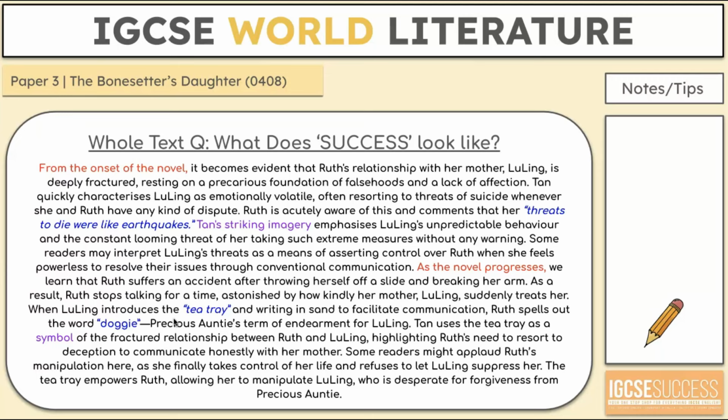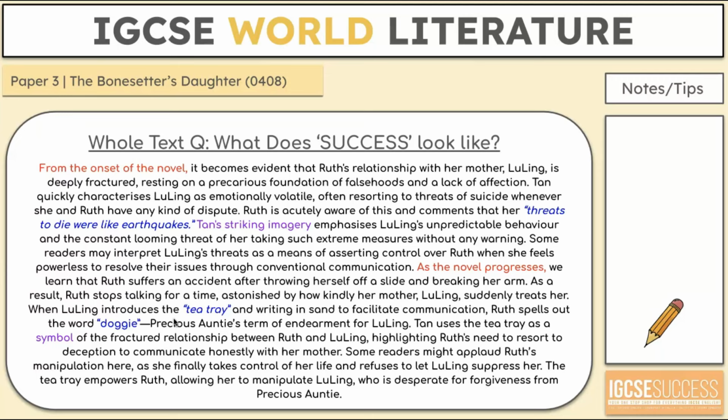Ruth is acutely aware of this and comments that her threats to die were like earthquakes. Tan's striking imagery emphasizes LuLing's unpredictable behavior and the constant looming threat of her taking such extreme measures without any warning. Some readers may interpret LuLing's threats as a means of asserting control over Ruth when she feels powerless to resolve their issues through conventional communication.